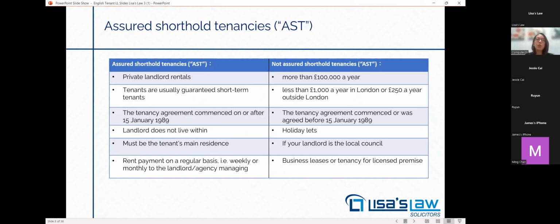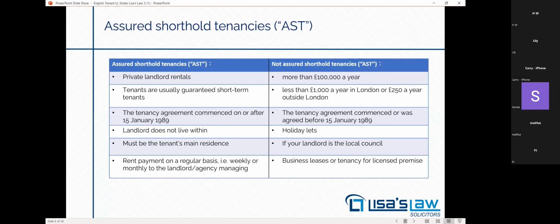So the assured shorthold tenancy agreement, what makes it an AST? We call it AST in short. An AST agreement is usually an agreement between the private landlord and the tenant. The tenant usually is given a guaranteed short-term tenancy agreement. It can be 3 months, 6 months, it can even be monthly.